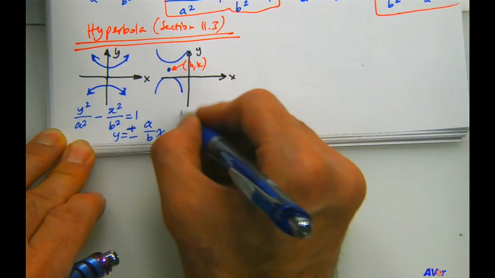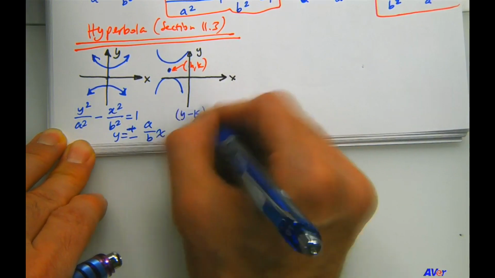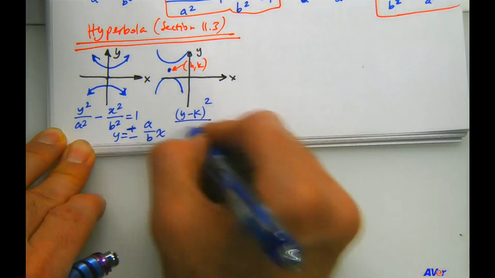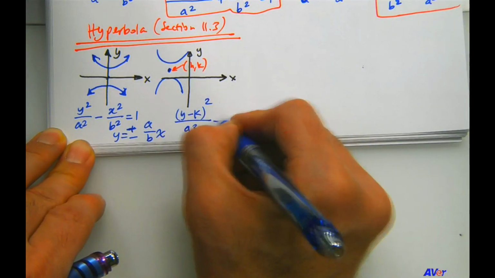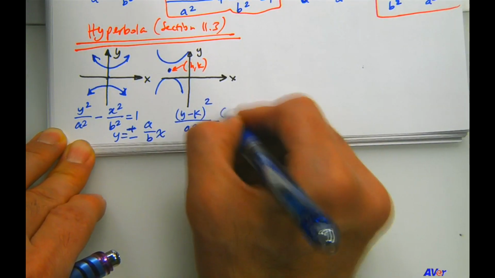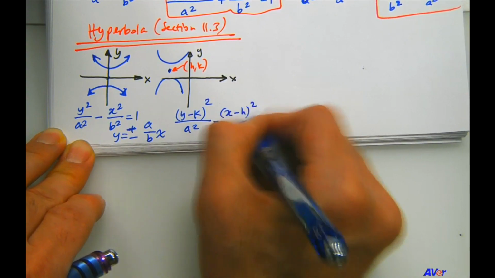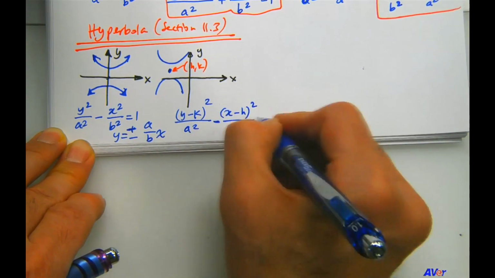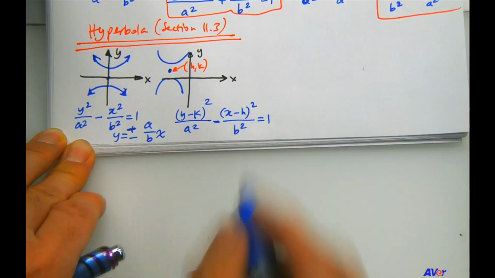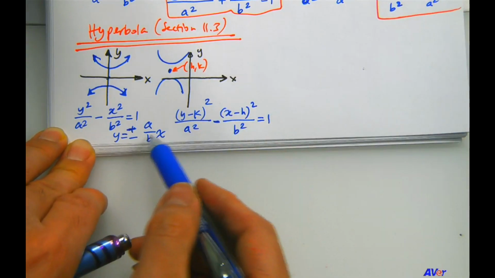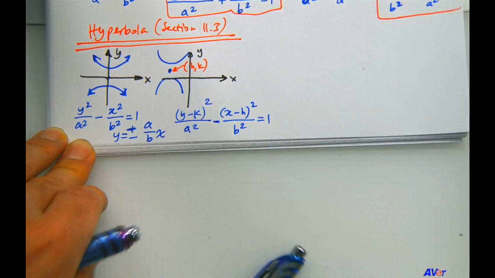We'll say y minus k squared divided by a squared minus x minus h squared divided by b squared equals 1. And of course the equation for the asymptotes should change as well.